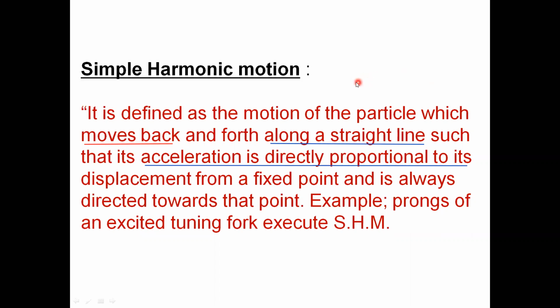This is simple harmonic motion because it has all three things: it is moving back and forth, it moves along a straight line, and its acceleration is directly proportional to its displacement. So these are the three things that we understand.